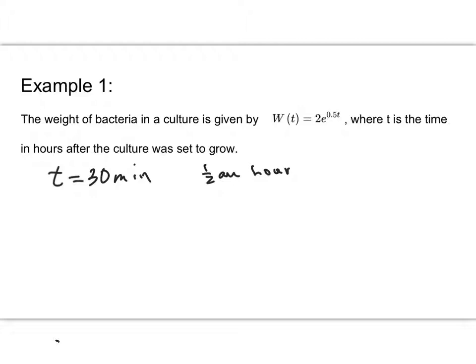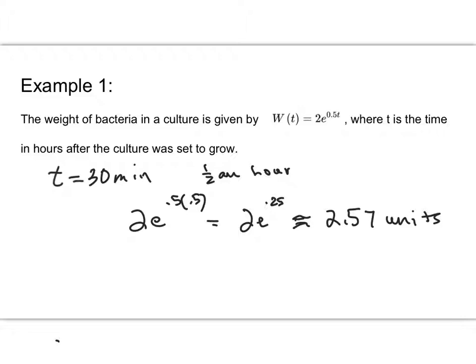So that's the value I'm going to put in for t, 1/2. So the weight is going to be 2e to the 0.5 times 0.5, which is equal to 2e to the 0.25. And that's going to be about 2.57, whatever my units are.